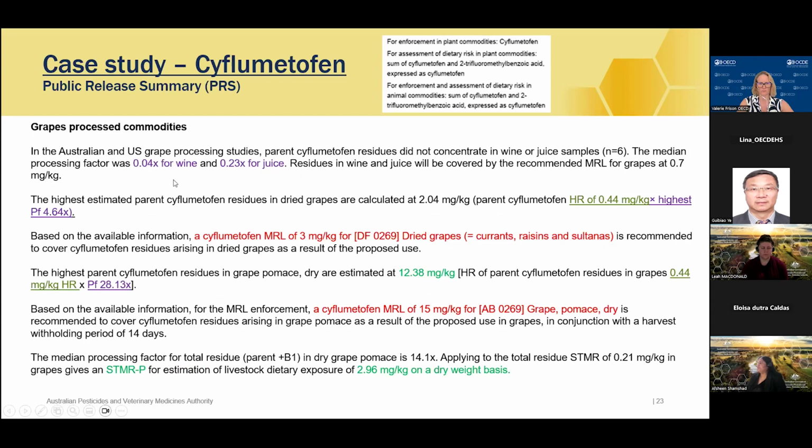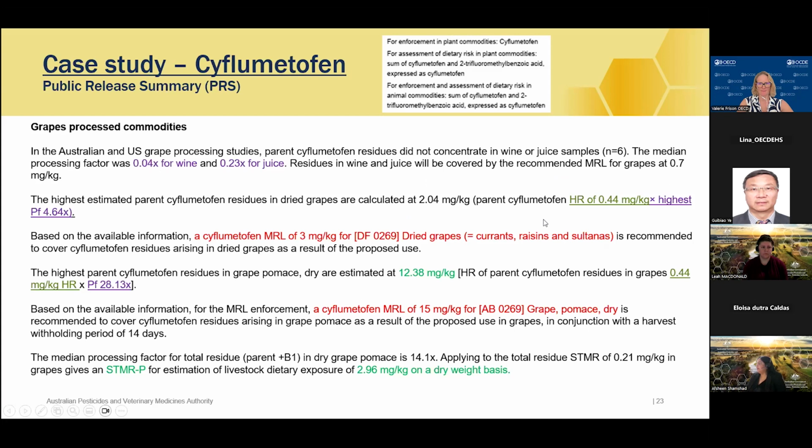The processing studies from Australian and US grape trials demonstrated that parent cyflumetofen residues did not concentrate in wine or juice samples. Therefore, the residues in wine and juice are covered by the recommended MRL for grapes at 0.7 milligram per kilogram. The highest estimated parent cyflumetofen residues in dried grapes were higher, at 4.64 times.